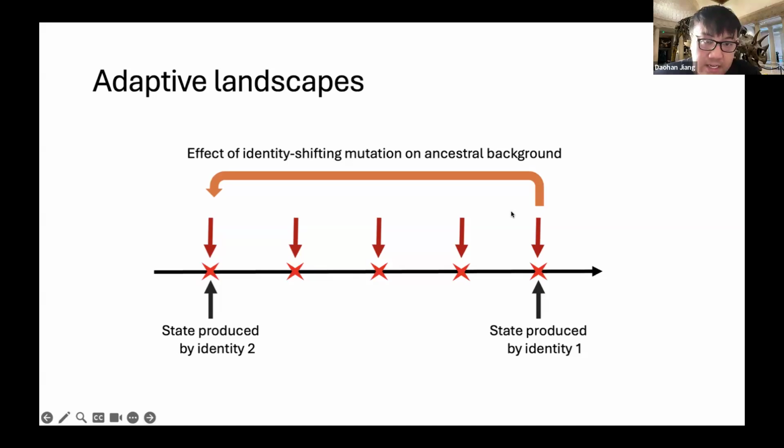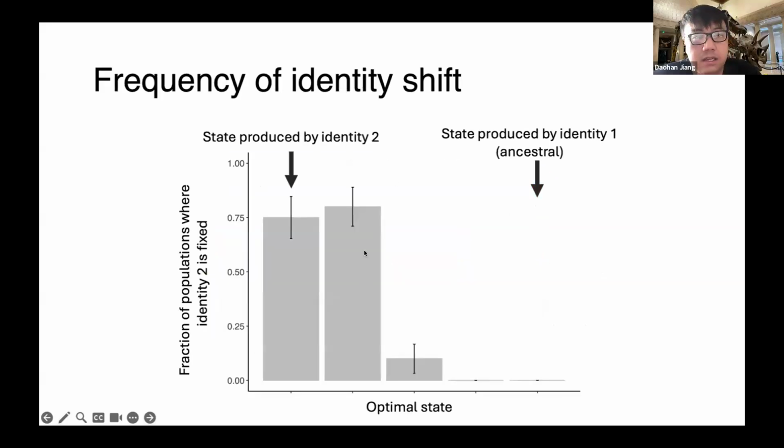So what difference is that going to make? It turns out in these 2 scenarios, identity shifting is about equally likely. Of course, it can happen and be favored by selection when it produces the phenotypic state that is optimal, but it doesn't have to be. It can also be something in the vicinity, and that is enough to make it equally likely.